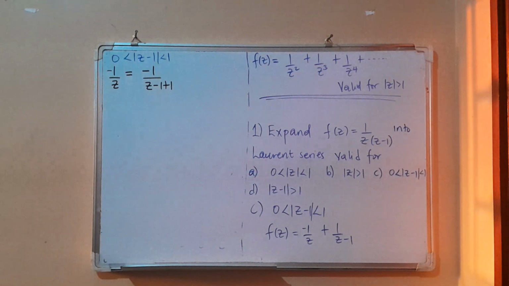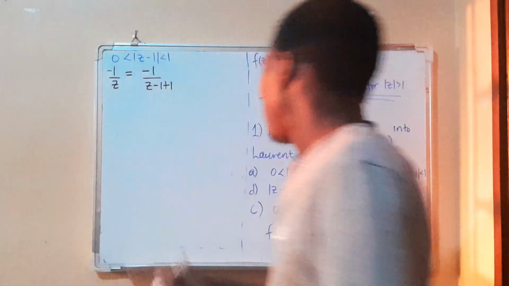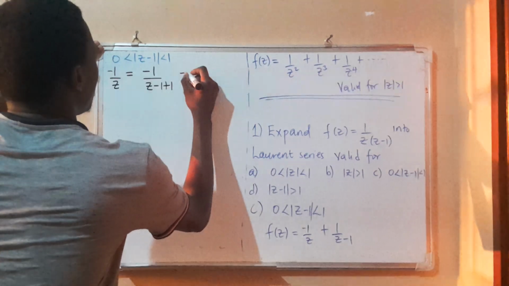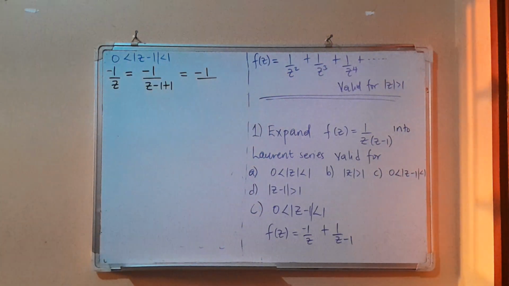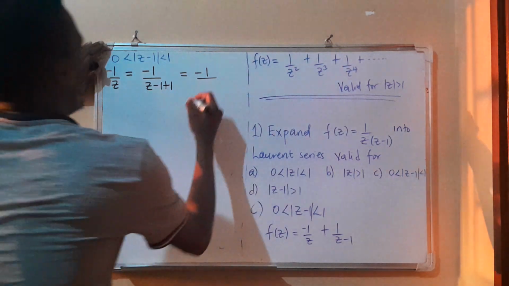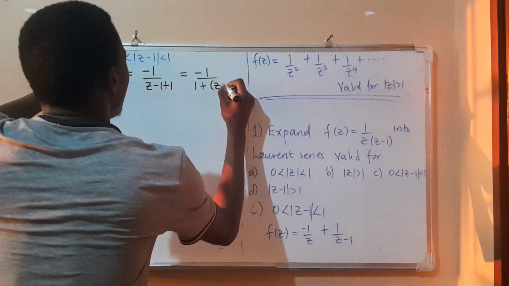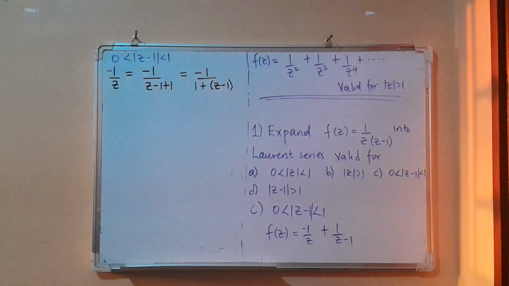Since we want the series representation about z equals 1, you introduce a negative 1 and a 1 there. So this is the same as negative 1 over 1 plus z minus 1.